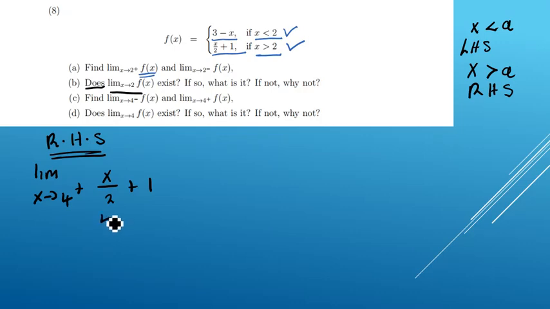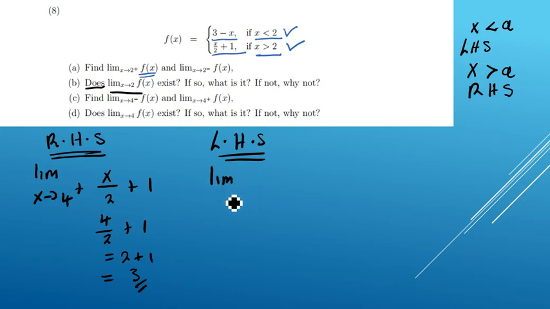So we put our 4 here, 4 over 2 plus 1, and this is just 2 plus 1, and we get 3. From the left hand side, it's going to be the limit as x is approaching 4 from the negative side, and our expression is simply 3 minus x, so it's going to be 3 minus 4, and finally we get -1.